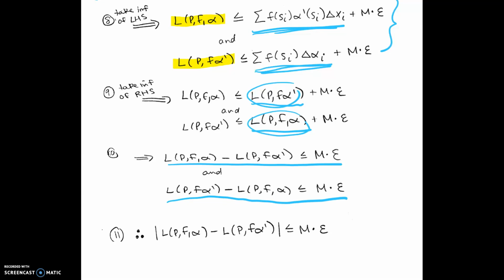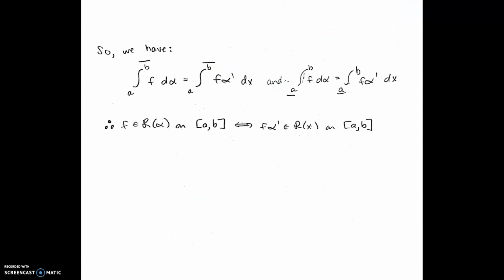So instead of writing the two statements, I can combine them into one statement and say the absolute value of the lower sum of P, f, alpha minus the lower sum of P, f, alpha prime is less than or equal to m times e. We've proved all of part A, all of part B, and all of part C, so we can finish our proof, which was also written on the handout.